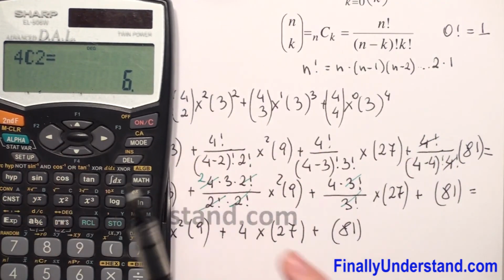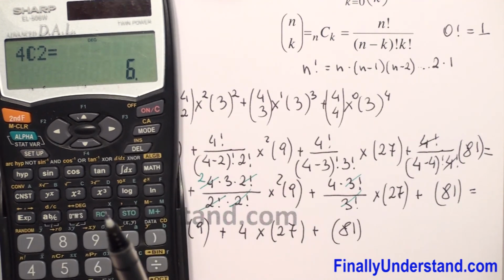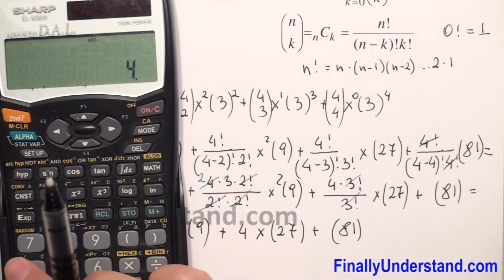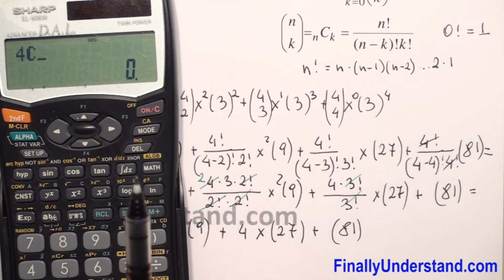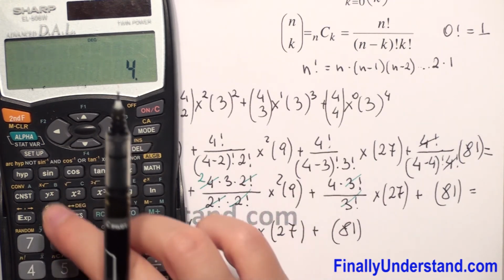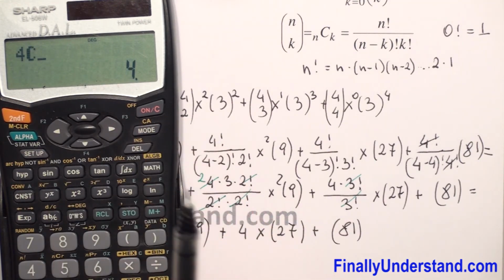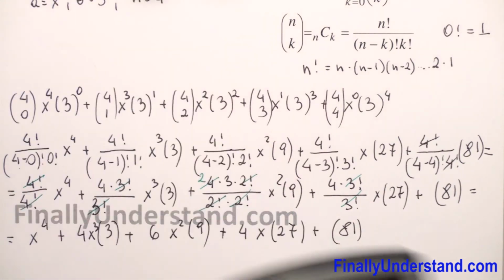Next we have 4 choose 3, so we have 4 second function 3, so this is equal to 4, and we have 4 choose 4, so 4 second function 4, this is equal to 1. So we have exactly the same coefficients.